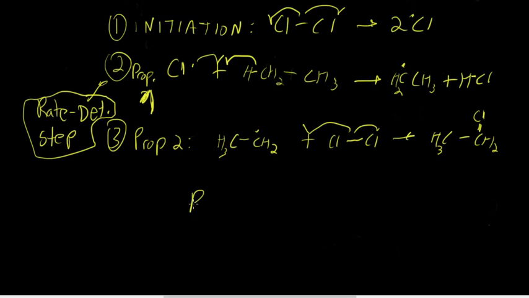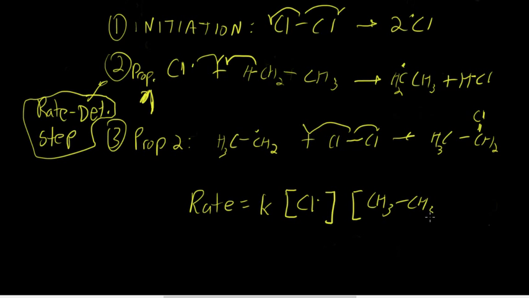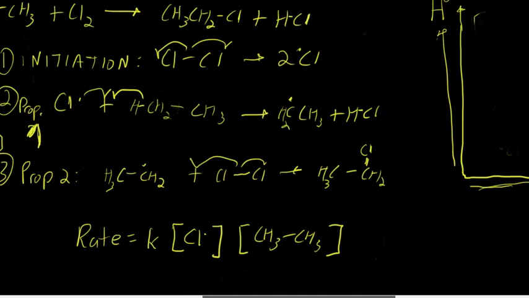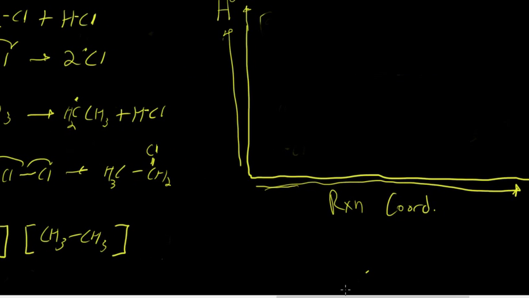So the rate's going to be some rate constant times the concentration of each reactant in this step, so times the concentration of chlorine radical and the concentration of ethane. So knowing that, let's draw the reaction coordinate diagram.